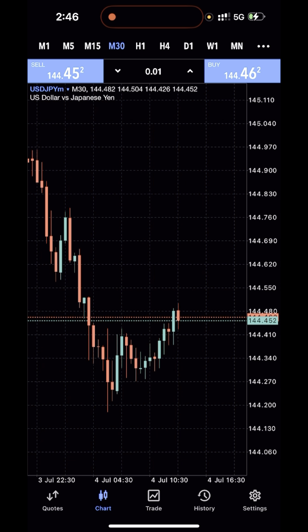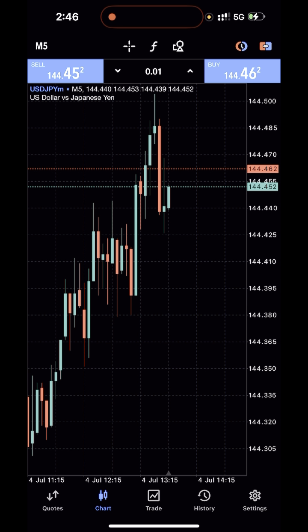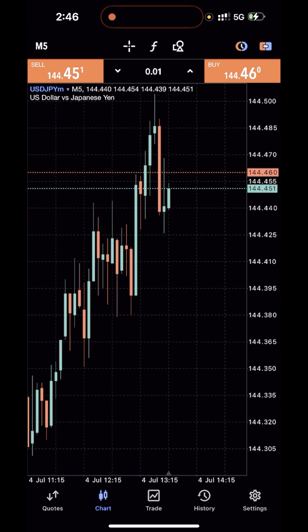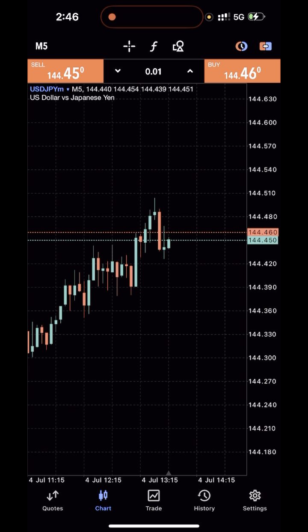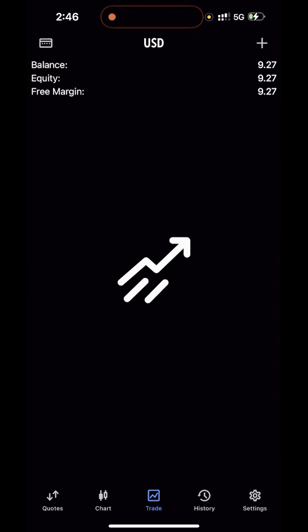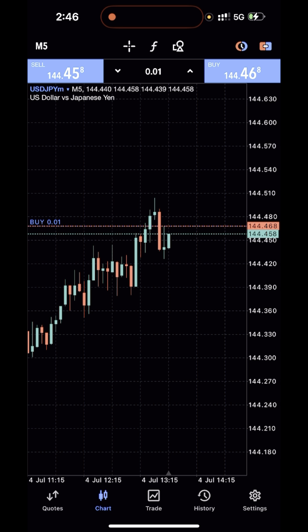Okay, so here for instance, if I click on buy, this is where I bought, this is where the market is, right?